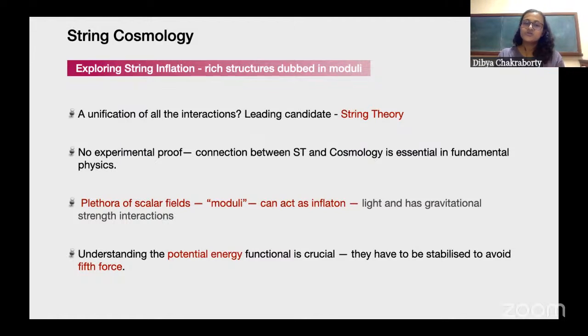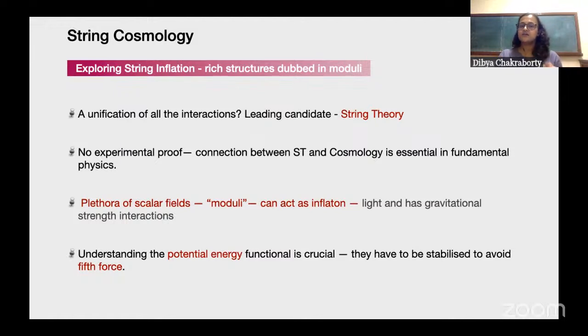We also know that we have a prediction from the quantum mechanical side in inflationary models. So we need a theory which can combine both quantum mechanics as well as the gravitational theory, general theory of relativity. String theory is one of the leading candidates which can do that.